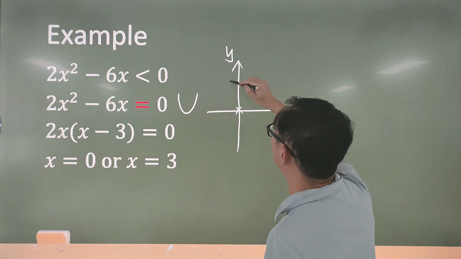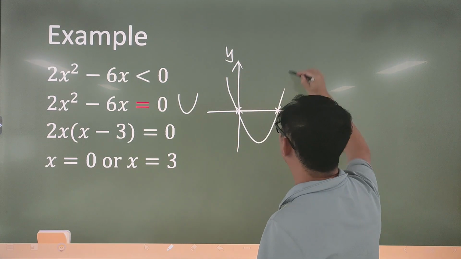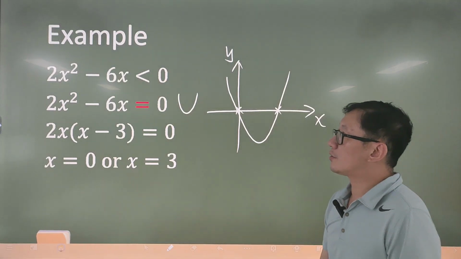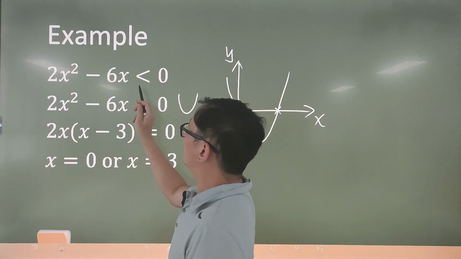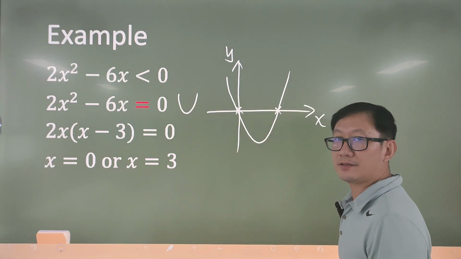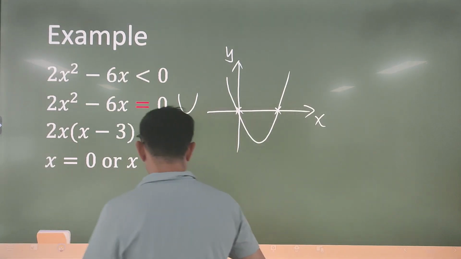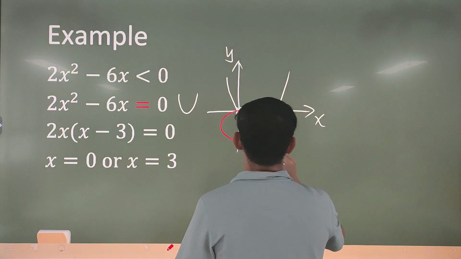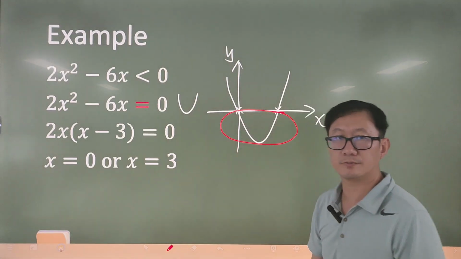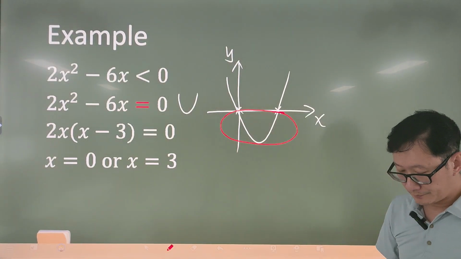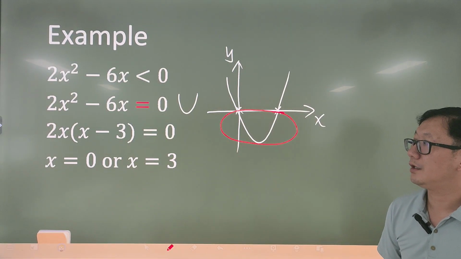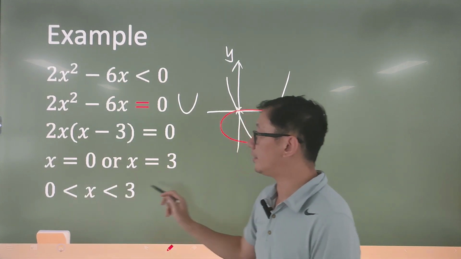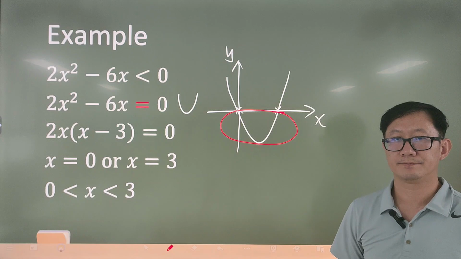We want it to open upward. It looks like this. Now let's go back to our inequality here. We want it to be less than 0. So that means we want this part of the solution. Therefore, our inequality should be x needs to be greater than 0 and smaller than 3.